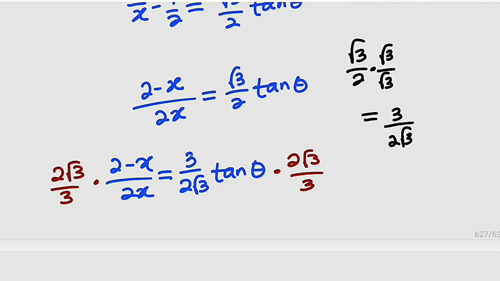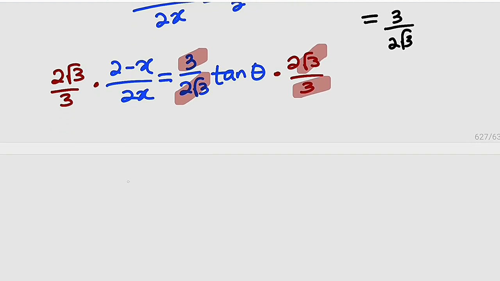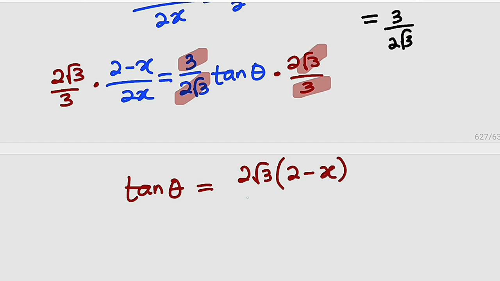You can clearly see that this will cancel this, right? Tangent theta equal to, if you multiply the top here, you have 2 root 3 multiplied by 2 minus x divided by 3 times 2x, which is 6x. Or you can say 3 multiplied by 2x, because I want to cancel something here. You can see that 2 will cancel 2, right?